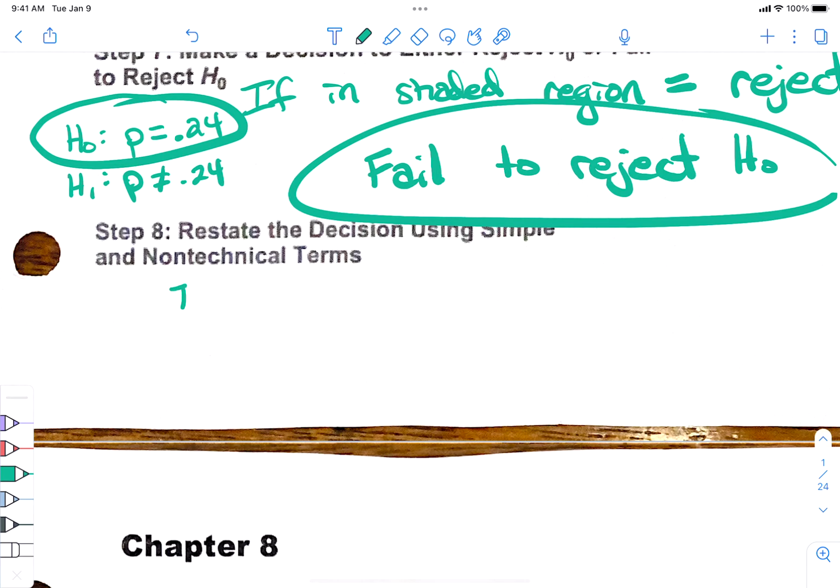Let's say the Mars Candy Company. Mars needs a capital M. What are they claiming?